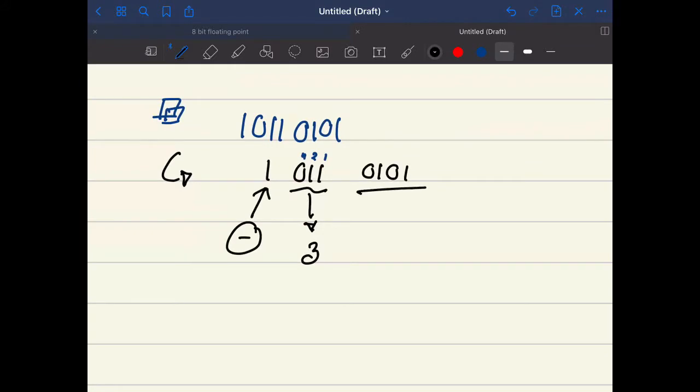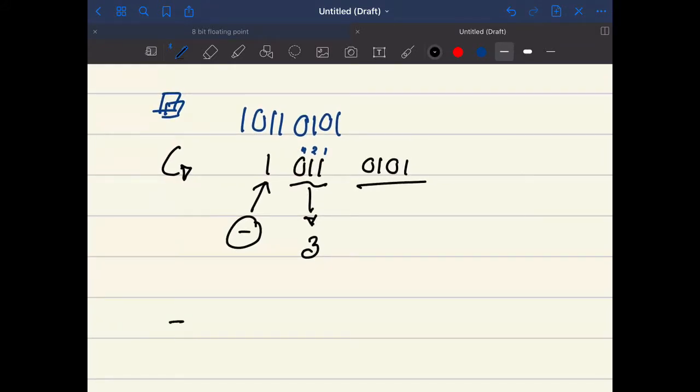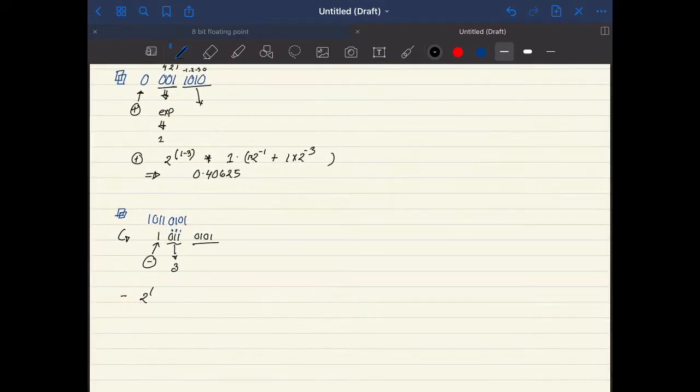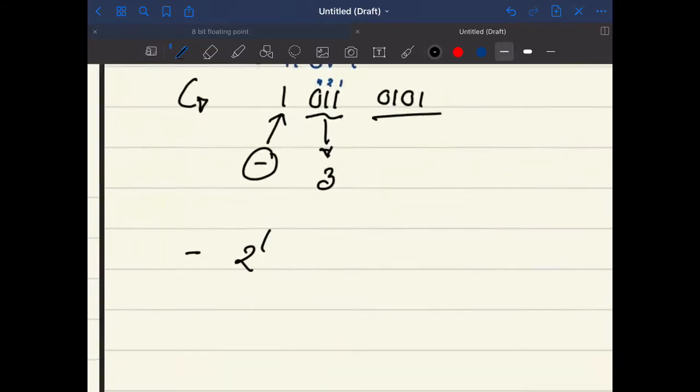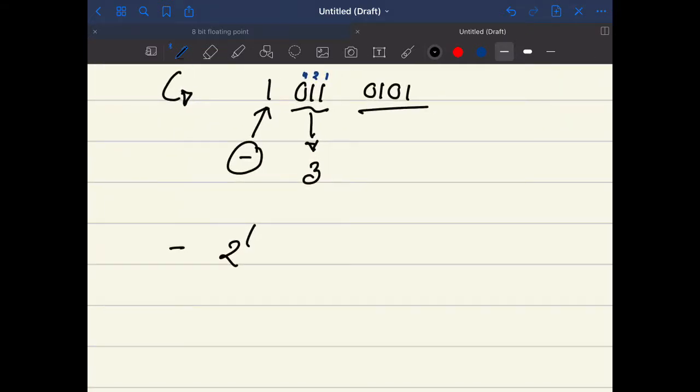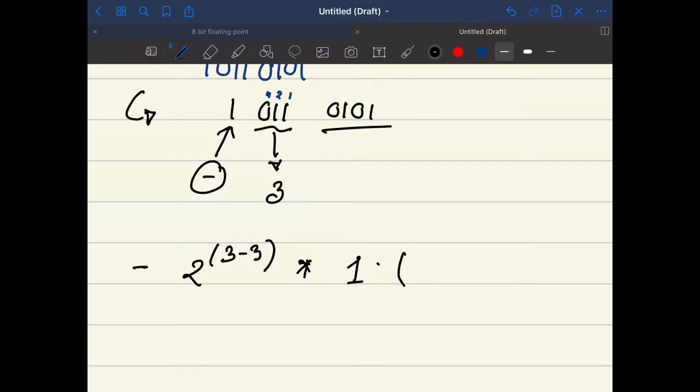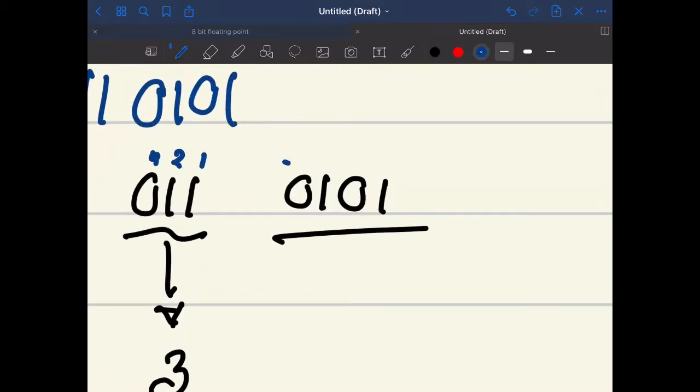So just put the value into the equation. This is a negative number, and 2 to the power, remember the equation, 2 to the power e minus n, and in this case n is basically 3, and that would be 3 minus 3 into, as this is a normal number, 1 point some fractional value, and the fractional value here would be -1, -2, -3, -4.